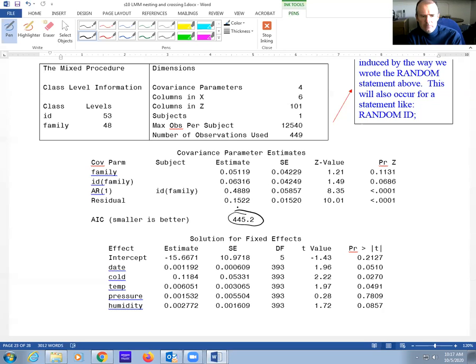Benjamin, did you have a question? Yes, I had a question. Most of the times when I've looked at the covariance parameter p-values and fitted different models leaving out, for example, family, you'll realize that the AIC and the p-values from these covariance parameters say the same thing.